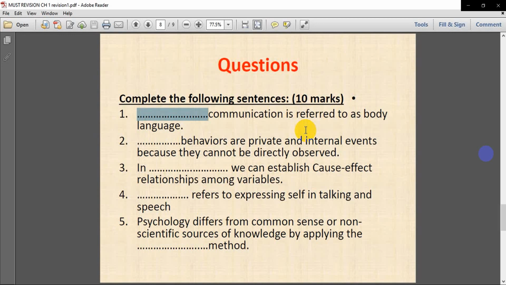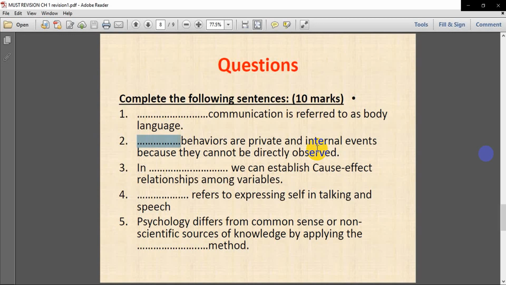Next: behaviors are private and internal events because they cannot be directly observed. I'm sure now you know the answer because, as we said a few seconds ago, this is covert behavior, which are private and internal events and they cannot directly be observed. So the answer is covert behaviors.